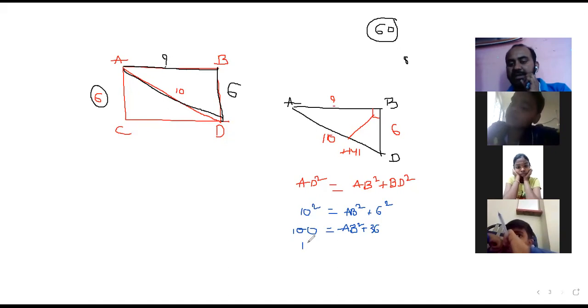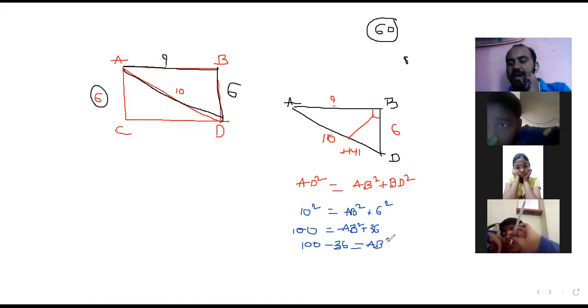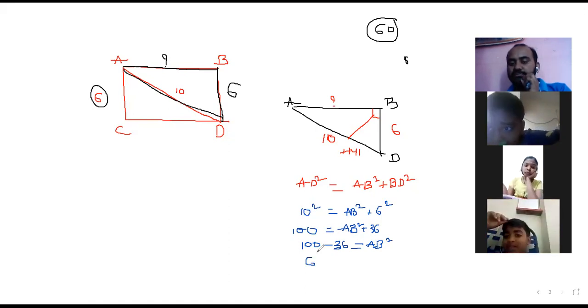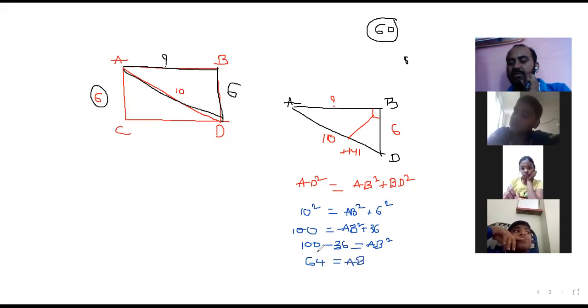Next step, 100 minus this 36 comes to this side, then minus, equal to AB square. 100 minus 36 is how much? 64 is equal to AB square. I don't want AB square, I want AB.